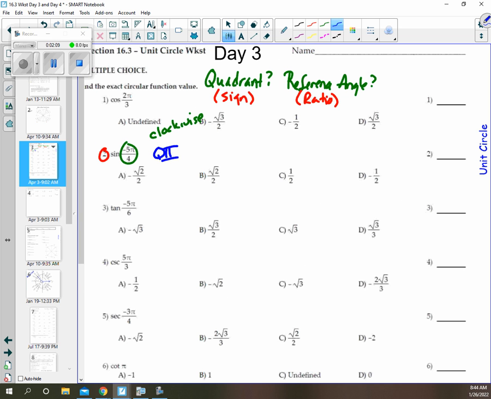All right, the other thing to think about is what's my reference angle. This is pi over 4. So that means it's going to have the same answer as sine of pi over 4, but we're in quadrant 2, so we just have to double check and make sure we know what that means for the sign, positive or negative. All right, so we need to know our quadrant 1 here. So sine of pi over 4 is 45 degrees, same question. That's looking for the ratio, the y value at pi over 4.